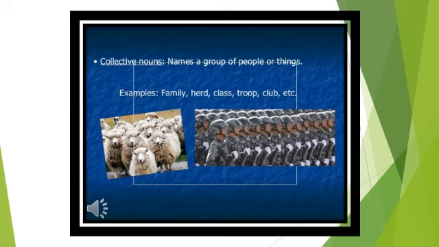In a family there are individuals, but all of them make one unit: father, mother, siblings, sisters and brothers, and they are making a unit, that is family. Same as if we take the example of army. In an army there are many soldiers, and all those soldiers make the army.